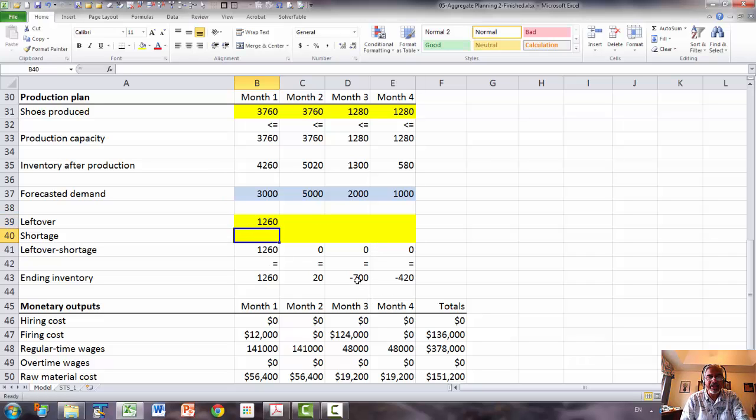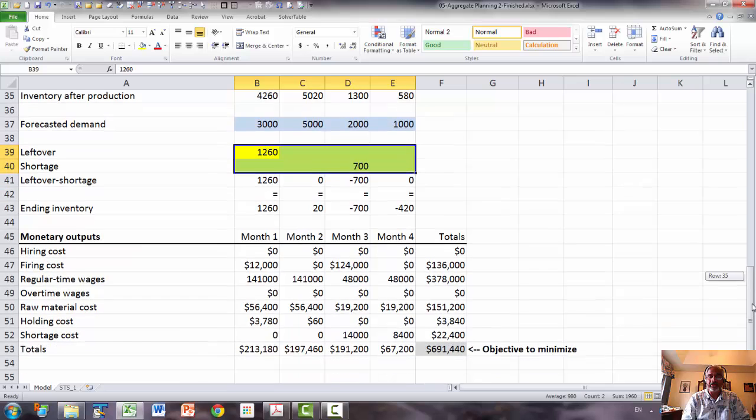If there is a shortage, then the shortage will be placed here, and that will be 700, equal to minus 700. So the negative and the positive will be converted into both being positive with this changing cell in Excel Solver.